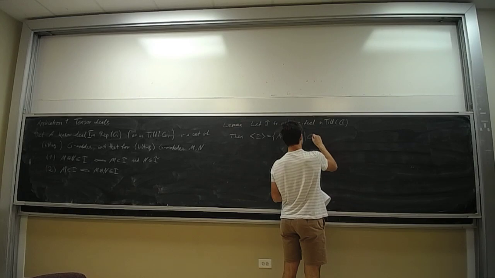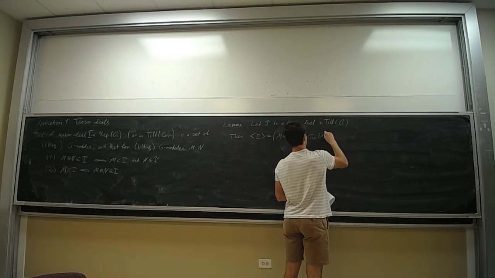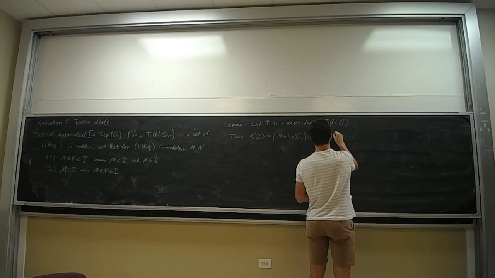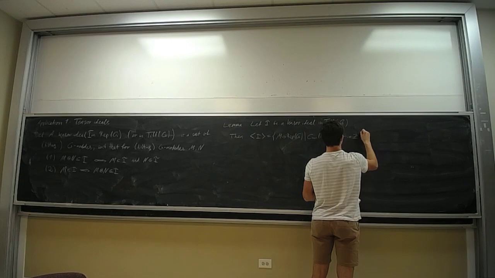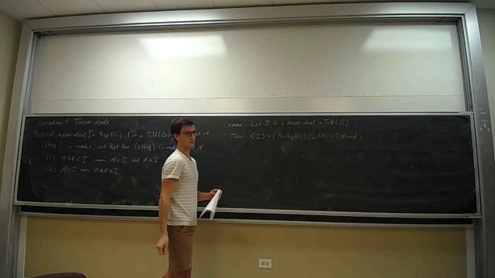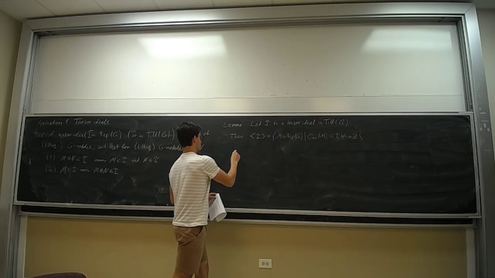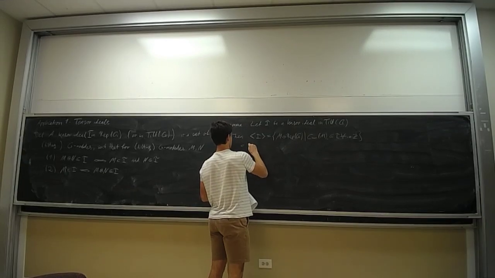So we ask that C_min of M in degree i is in I for all i in Z. Okay. Then I claim that this is a tensor ideal.